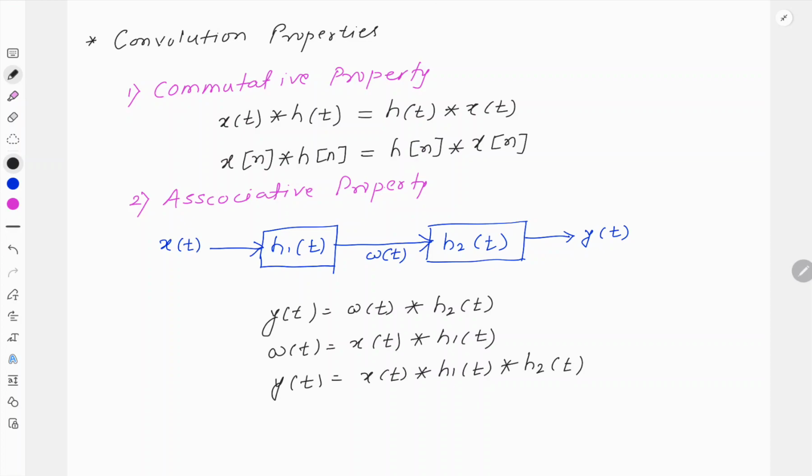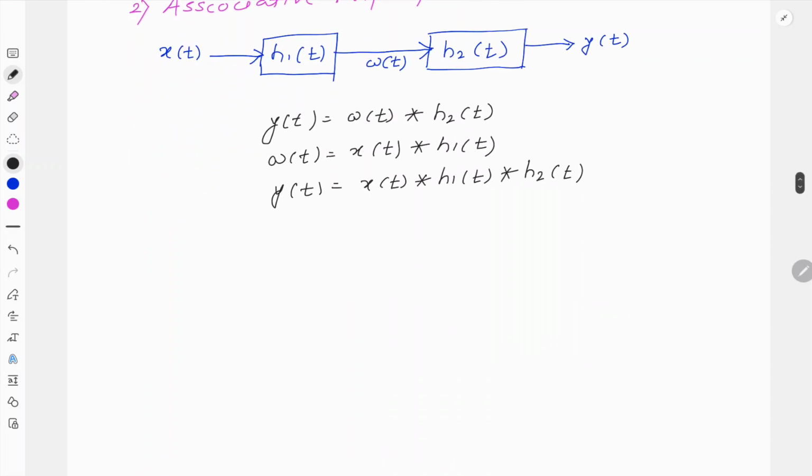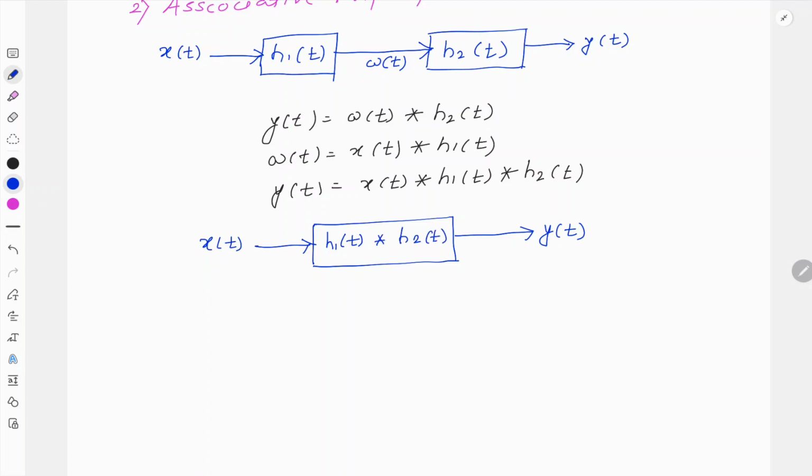If we reorganize this equation and draw the corresponding system, the two cascaded systems h1 and h2 can be represented as a single system producing output y of t when applied with input x of t, and the impulse response of this system will be h1 of t convolving with h2 of t.